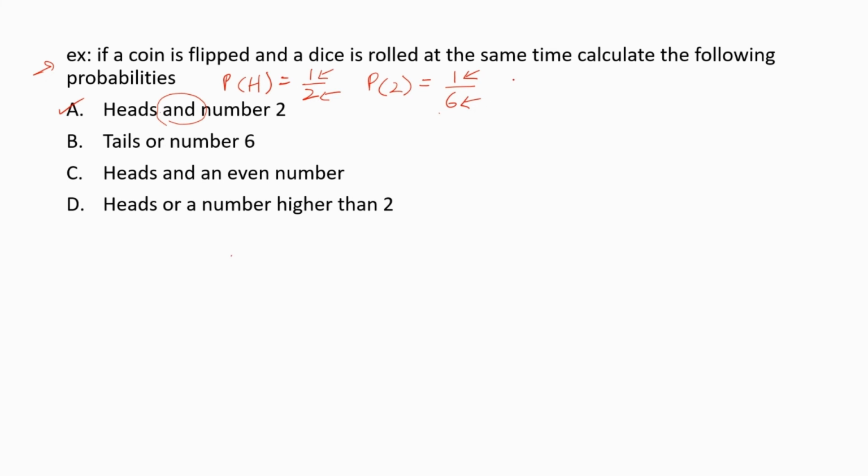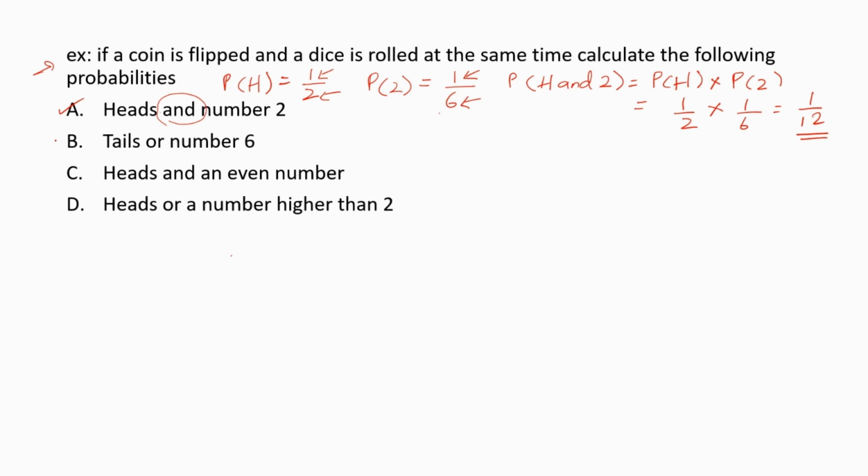Now we have to use the multiplication law. Probability of getting heads and rolling a number 2 equals probability of getting heads multiplied by probability of getting number 2. So this equals 1 over 2 multiplied by 1 over 6 equals 1 over 12. This is the probability of getting heads and number 2.